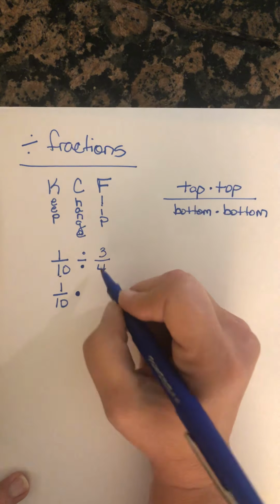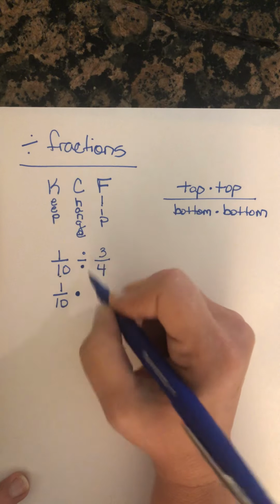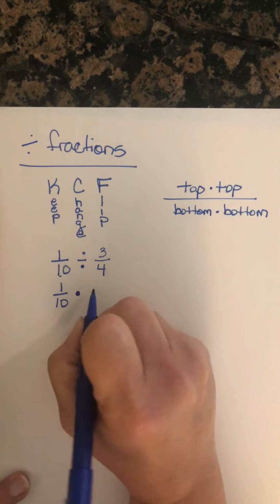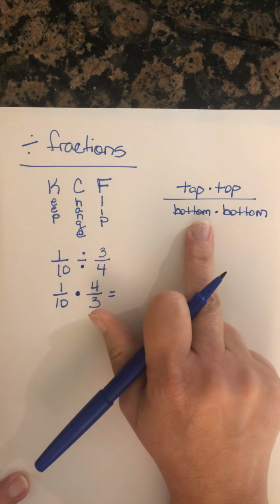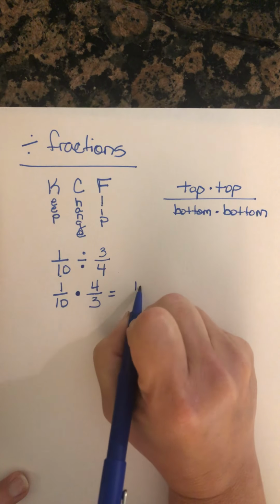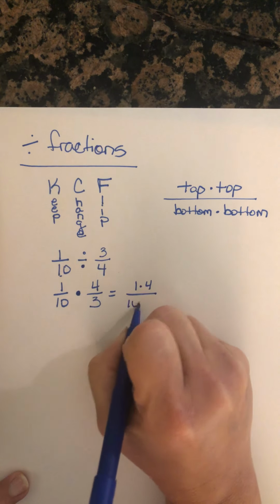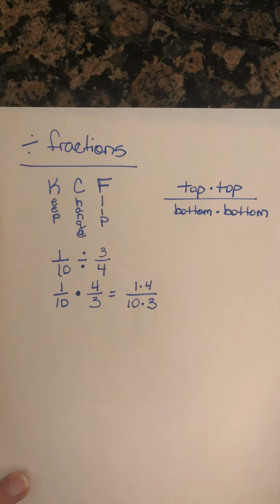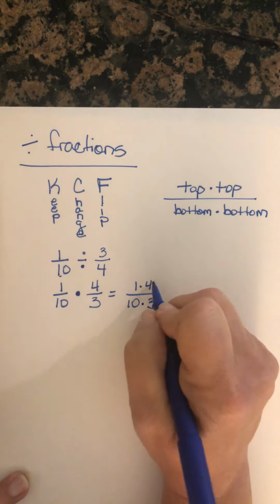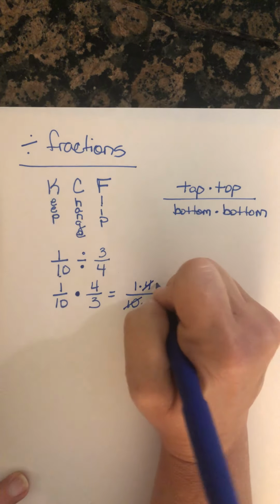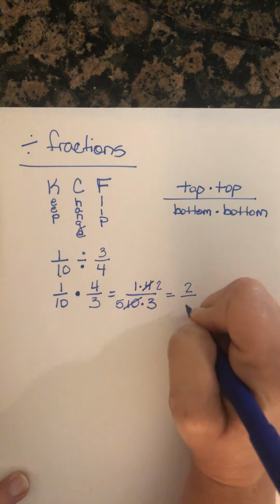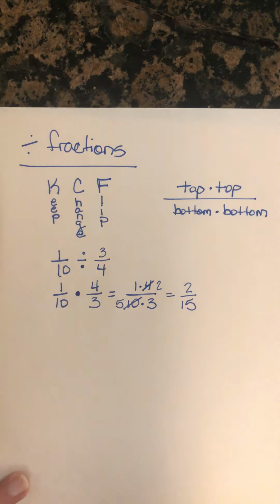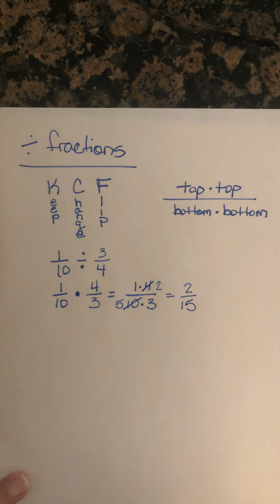And flip, I find the reciprocal of 3/4, which is 4/3. So again, now we go to top times top, bottom times bottom. I have 1 times 4. I have 10 times 3. I can simplify first. I know 2 goes into both 4 and 10. 1 times 2 is 2, and 5 times 3 is 15. And there we have it.